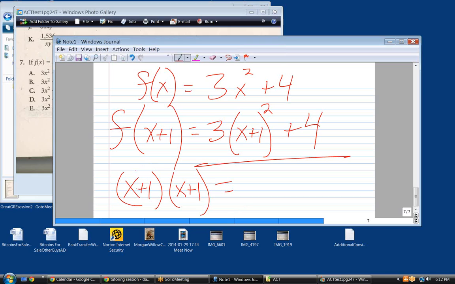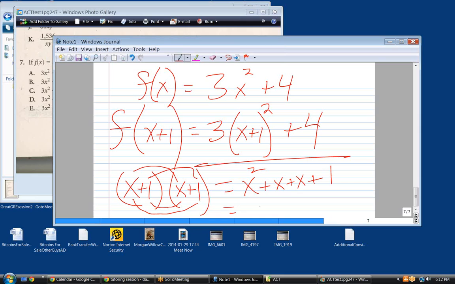First of all, let's do the first. That's x squared. Then we do the outside, that's plus x. Then we do the inside, that's the I of FOIL, another plus x. And then we do the last, 1 times 1.